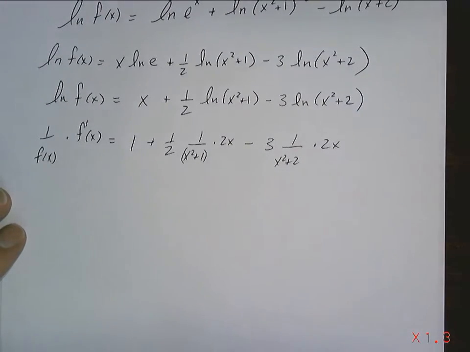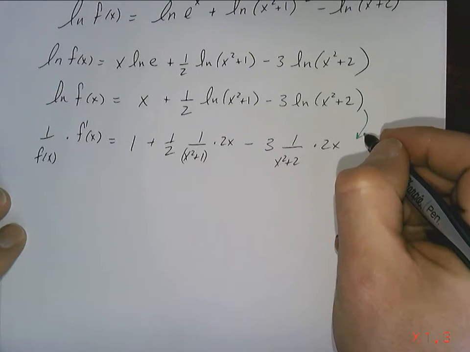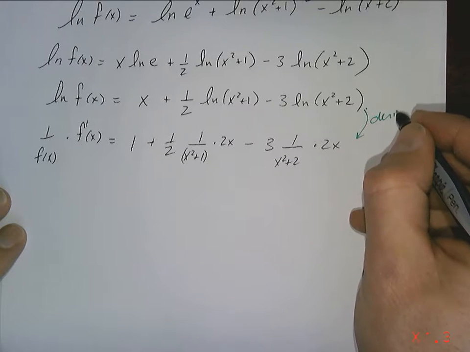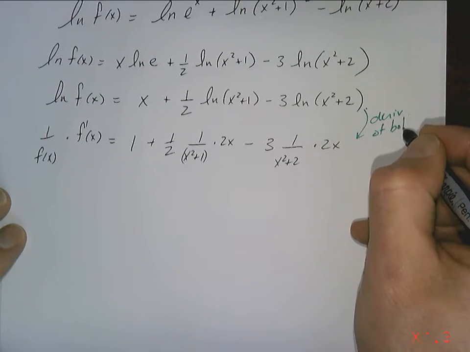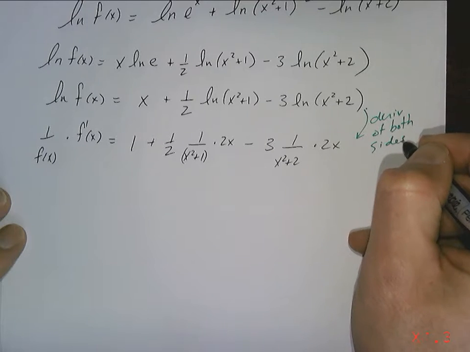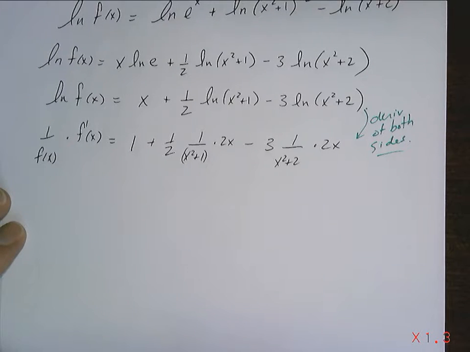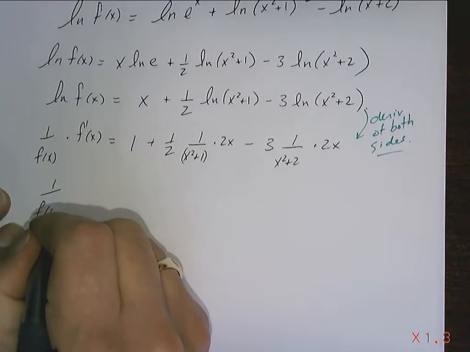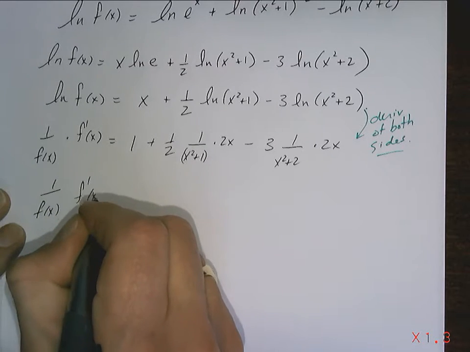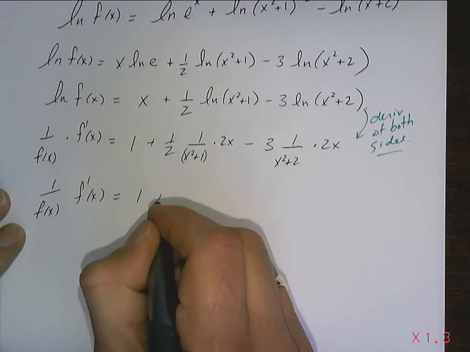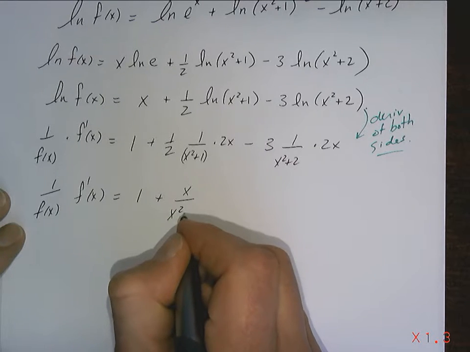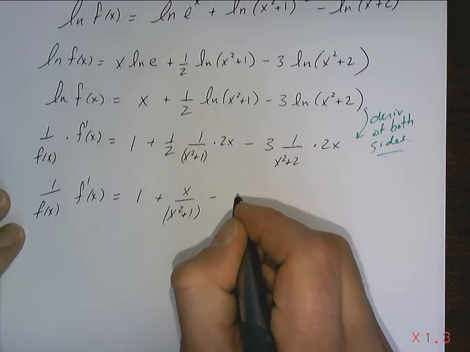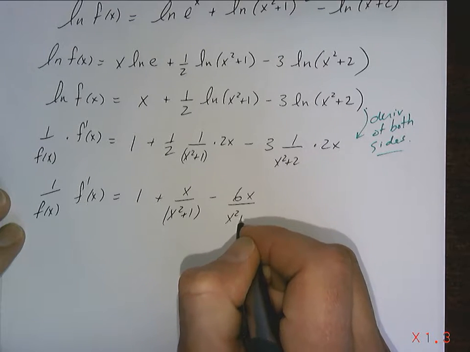So I took the derivative of both sides. Fixing this up a little bit, it's going to be 1 plus x over x squared plus 1 minus 6x over x squared plus 2.